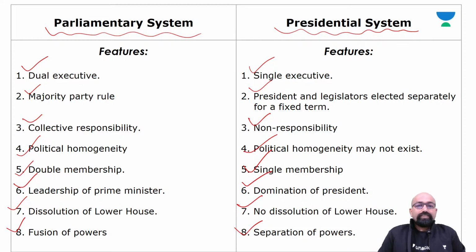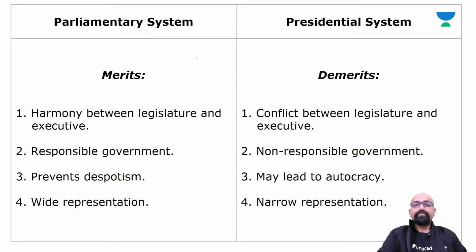So friends, just see the difference or comparison between the features of parliamentary and presidential system. Now next, merits and demerits. Merits of the parliamentary system and demerits of the presidential system.